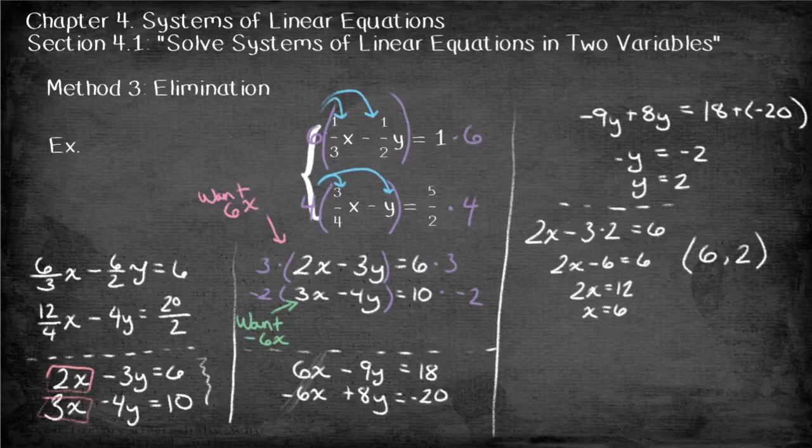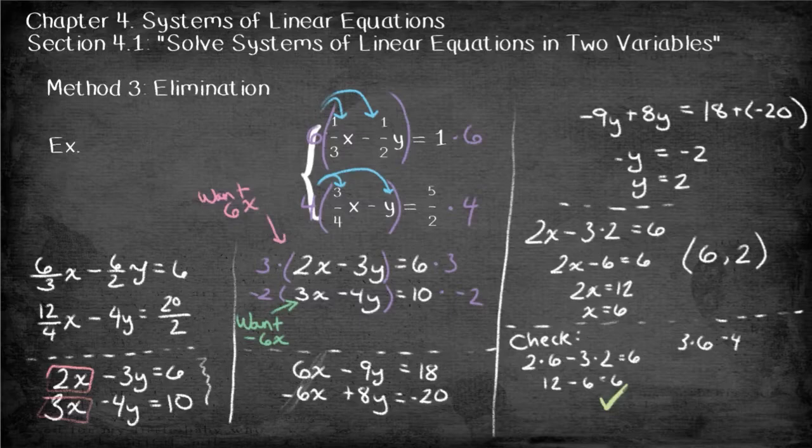So (6, 2) is my solution. Let me just check real quick. And everything checks out. So our solution is (6, 2).